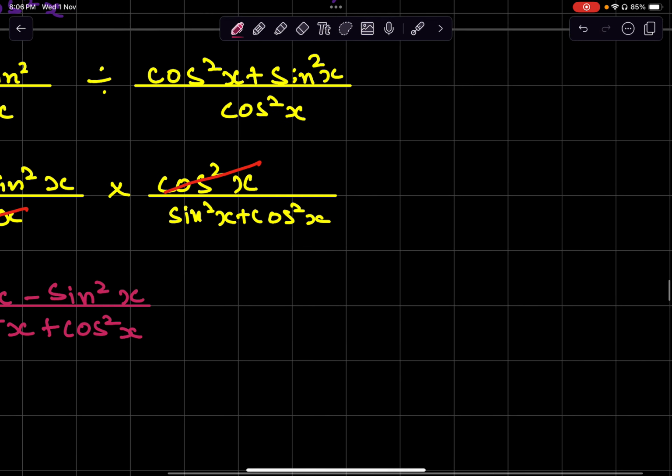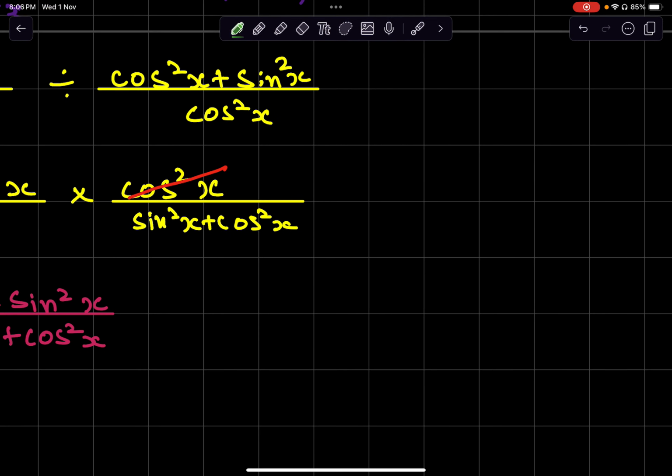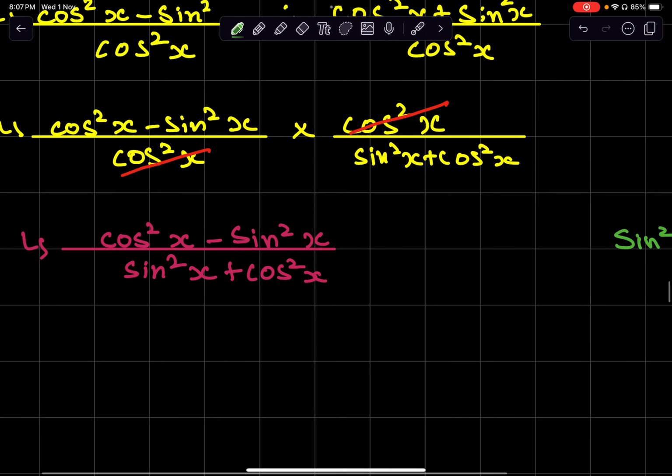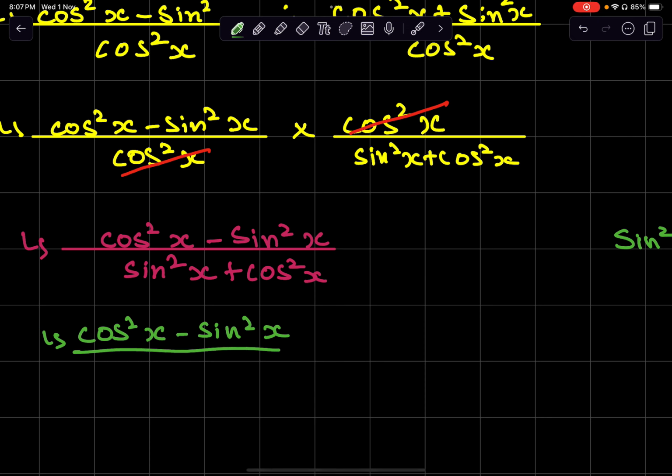We have learned this identity in trigonometric ratios, that sine square x plus cos square x equals 1. So here also what is going to happen is cos square x minus sine square x upon 1.